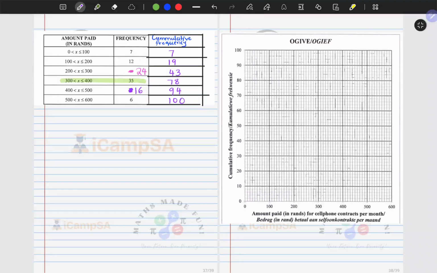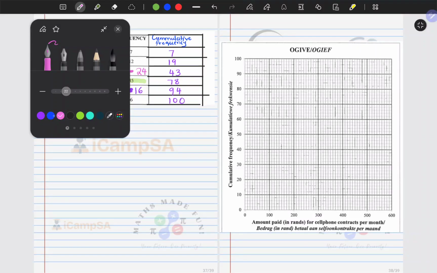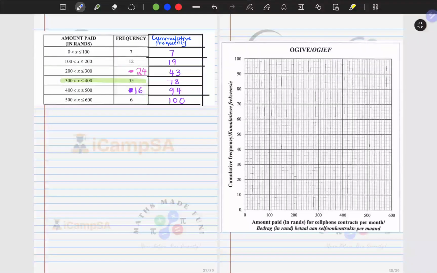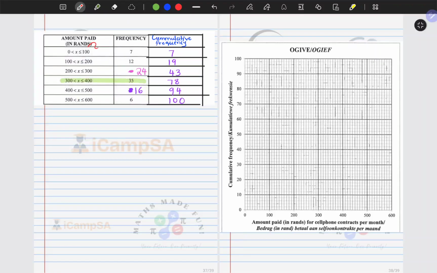Okay, guys. So what we can do is go ahead and do our plot, because this diagram here I was given, or you would be given if you are required to plot. I just went to get the screenshot, and we can go ahead and do our plotting. So remember, whenever we're doing our Ogive curve, we are focusing on the upper limit.